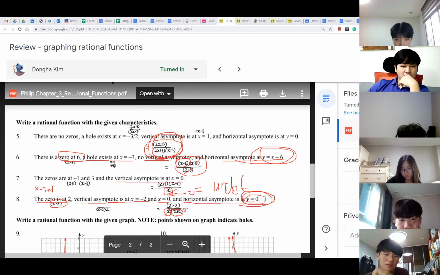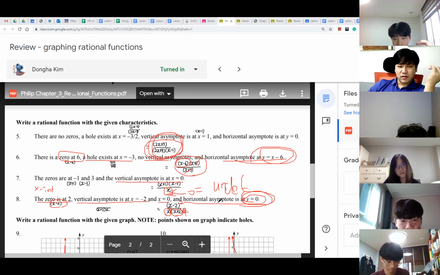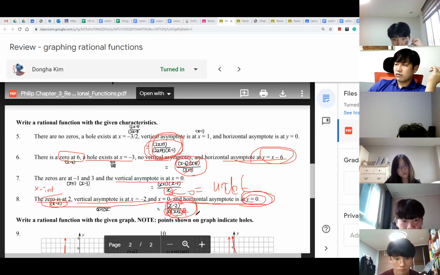You can put a square here or a square here, right? Or a fourth power here and then a square here. It's not going to affect these characteristics. But are these changes going to change my graph? What the graph looks like?